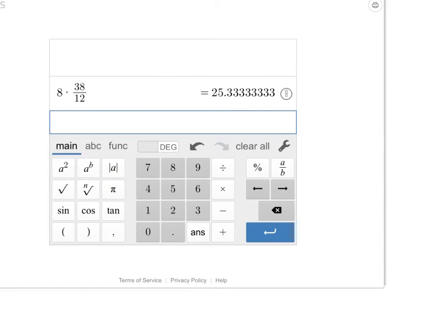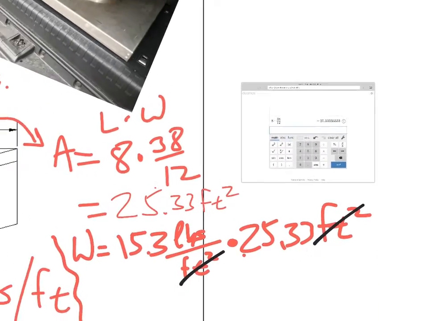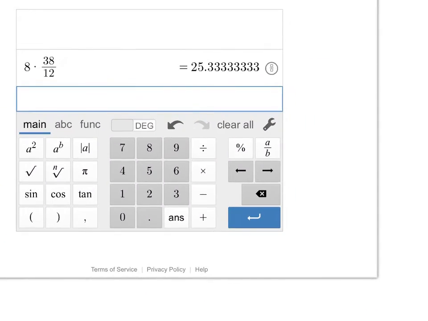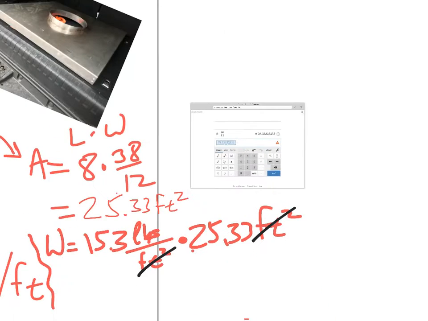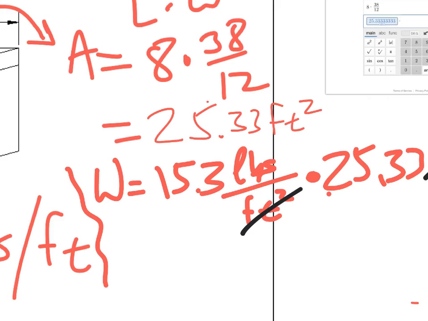So I'm going to answer using the Desmos Scientific here. Answer times 15.3. So we got 387.6. So that's 387.6 pounds.